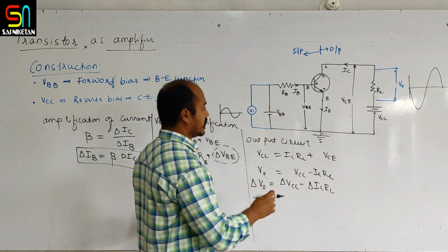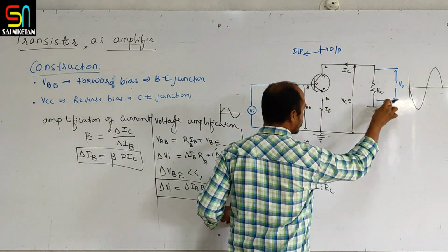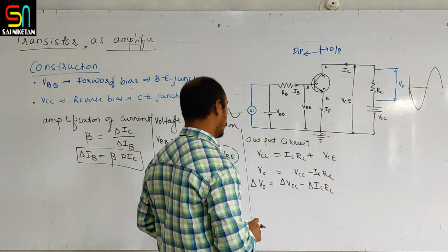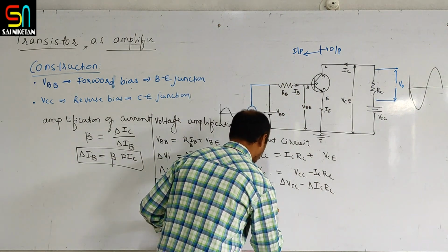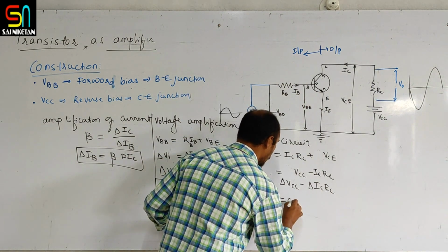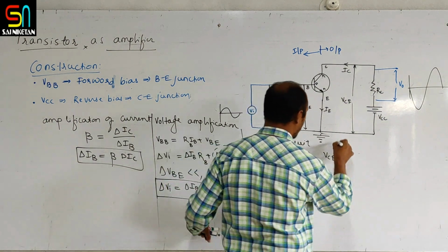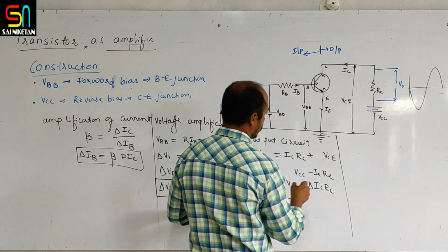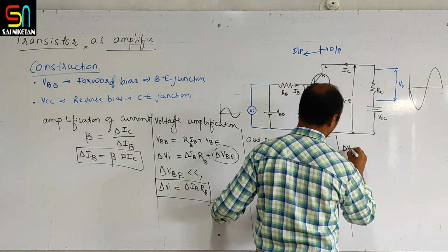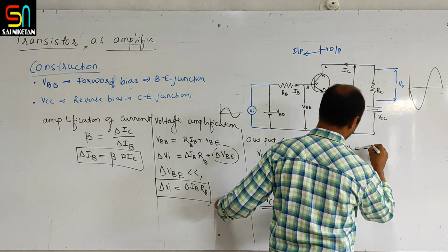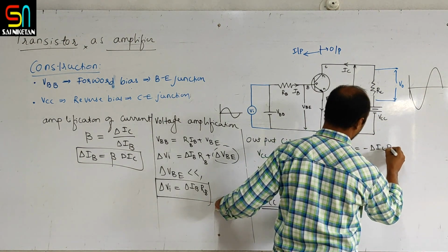But this battery is providing constant voltage. There is no change, hence delta VCC is equal to 0. Then we can write delta VO is equal to minus delta IC RC.